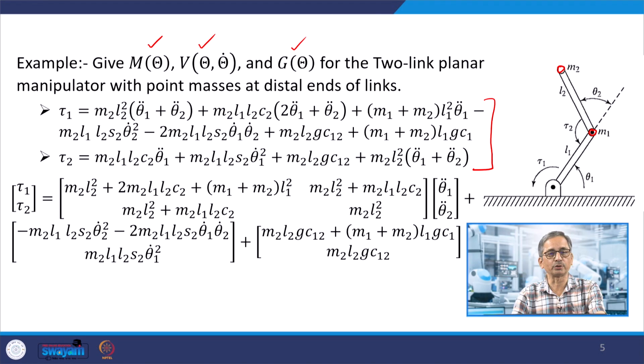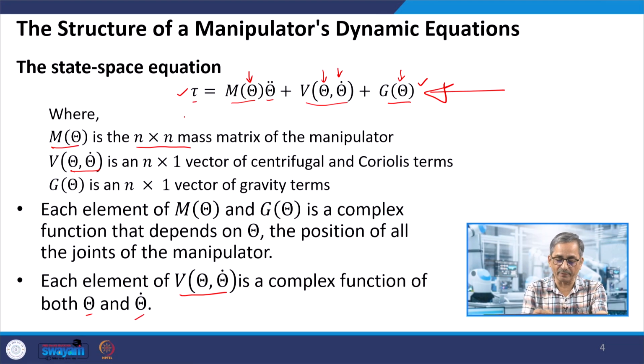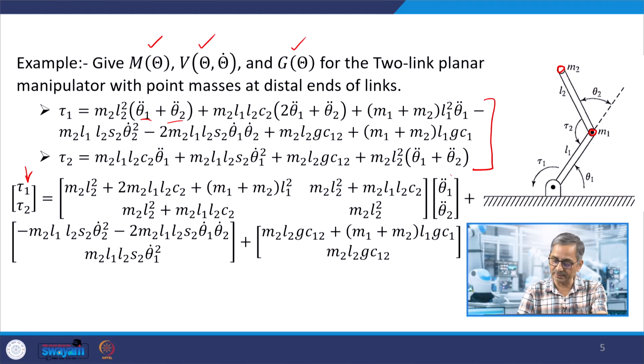To do that, let me write the torque vector here, and then we have the acceleration vector here, with the theta 1 double dot and theta 2 double dot terms, then the Coriolis and centrifugal terms, and the gravity vector.